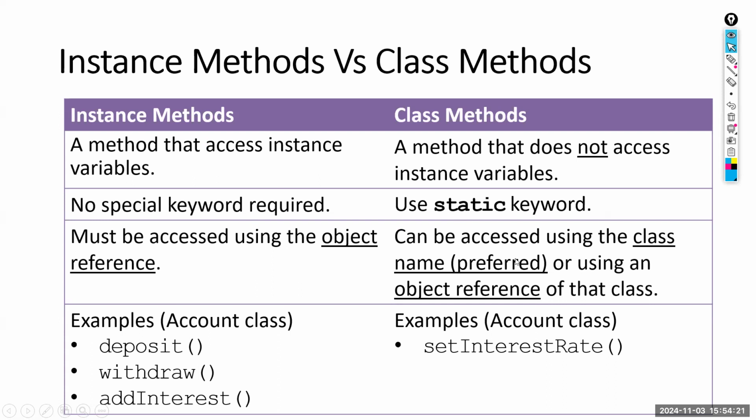A class method can be accessed using the class name, which is the preferred way, or an object reference, though that is bad practice. So these are some candidates: deposit, withdraw, add interest, because you are referring to the interest. Maybe set interest rate, because remember a static method can refer to static variables. Or just greeting or something. Let's add greeting here also.